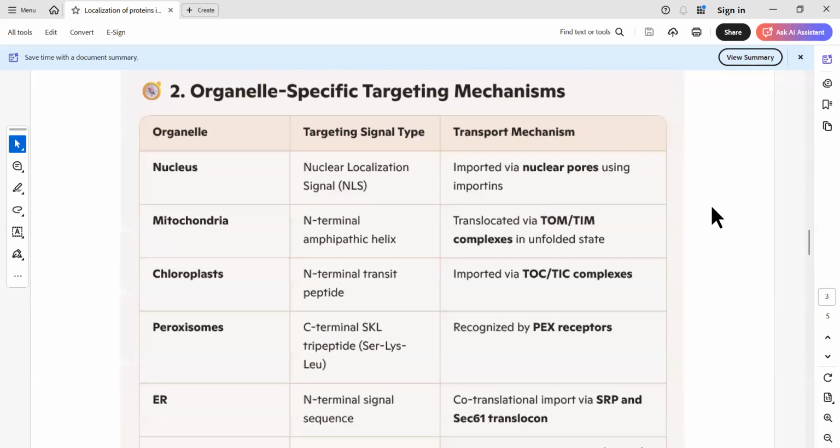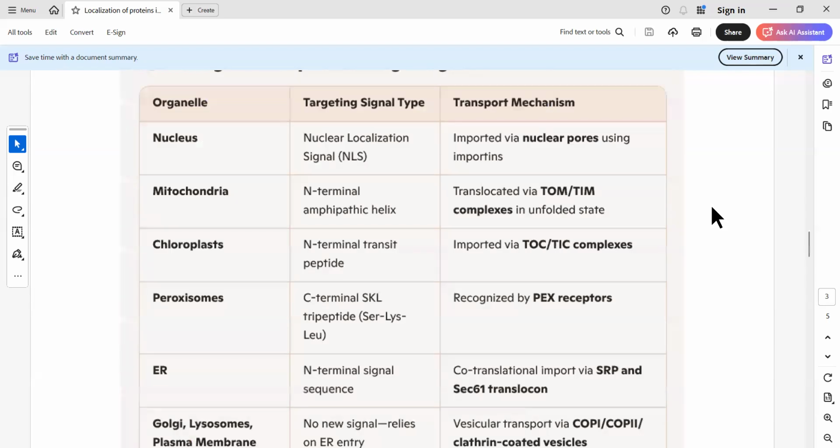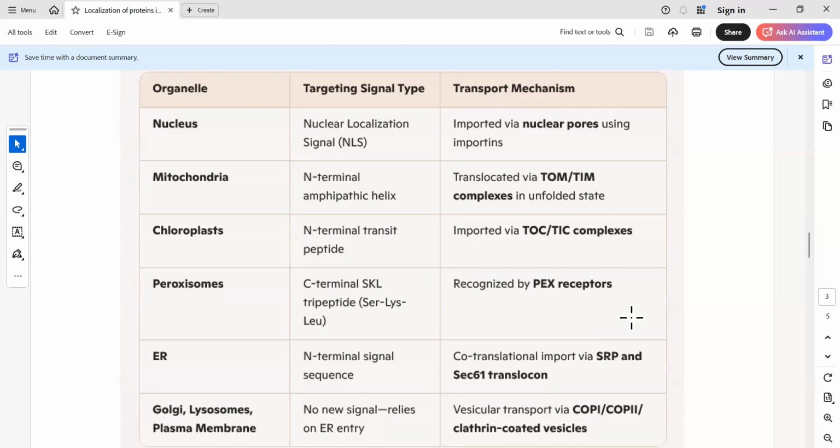This I have already mentioned, so this is just a detailed version. For the NLS, we have nuclear pores and importins; mitochondria, Tom-Tim complexes; chloroplast, Toc complexes; peroxisomes, PEX receptors. And for the ER, co-translational import by the signal recognition particle and the Sec61 translocon.